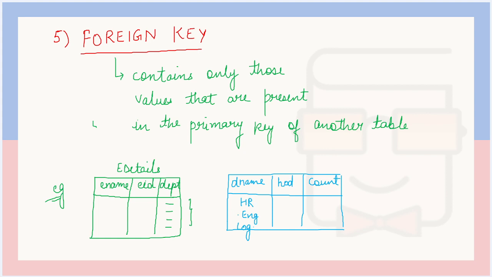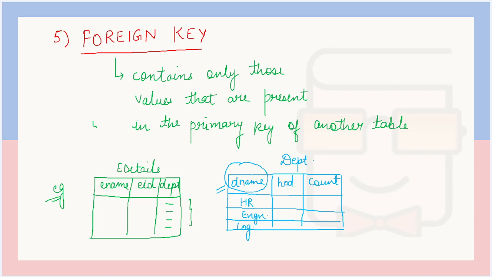So each entry will be unique. In this case, the department table of the employee database has dname as the primary key. And why does it have dname as the primary key? Because each department will have a different name and each value present in the dname column will be uniquely identified by the dname. So if there is one row for HR, there will be no other row in this department table for the HR department name. There will be no other row for the engineering department name, and so on.